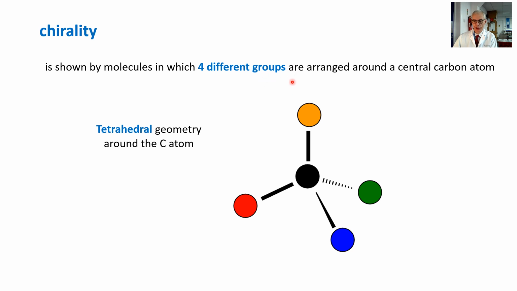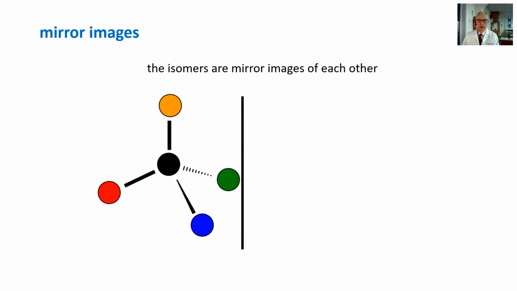But the key to determining chirality is to identify or to draw structures that have 4 different groups around a central carbon atom. So if we start with the central carbon surrounded by 4 different groups arranged tetrahedrally, the chiral isomer, the enantiomer, will be the mirror image of that structure.